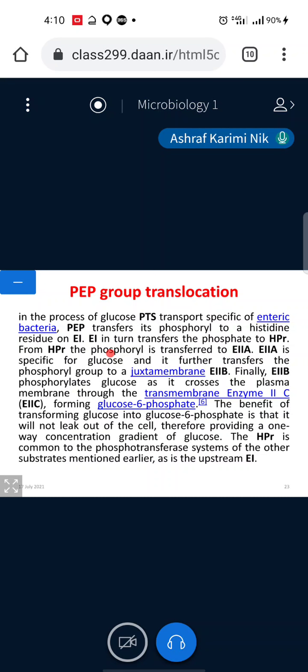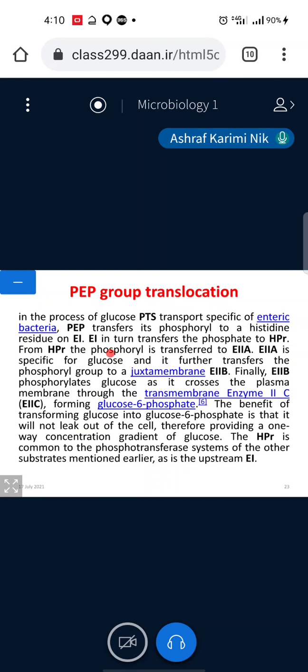Finally, E2B phosphorylates glucose as it crosses the plasma membrane through the transmembrane enzyme 2C, forming glucose 6-phosphate.